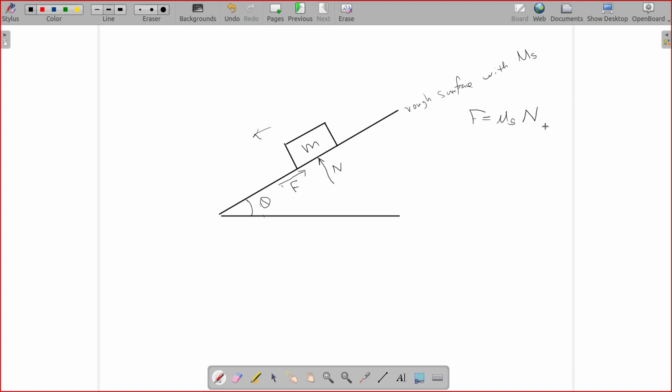So this is true only at the point of impending motion. So this is the point of impending motion, and we want to calculate theta at this point.